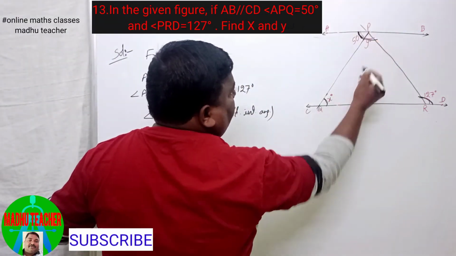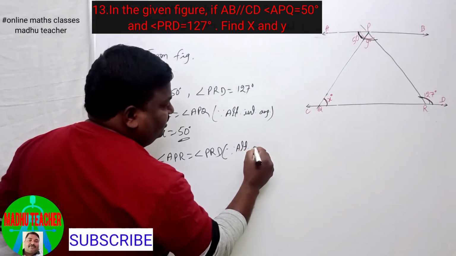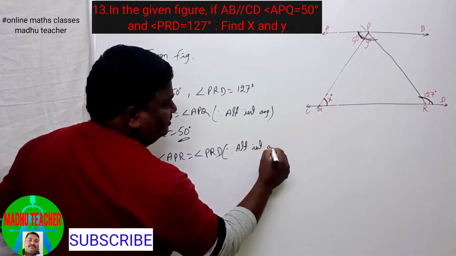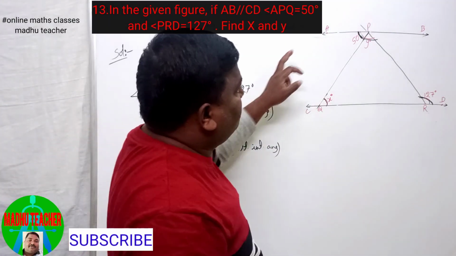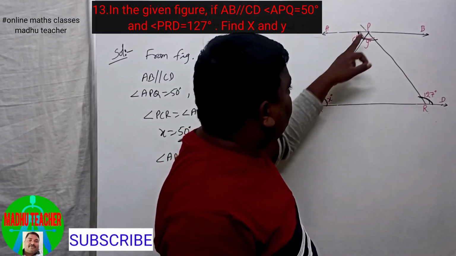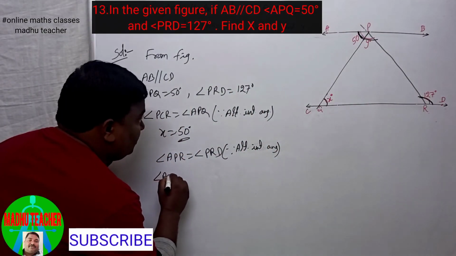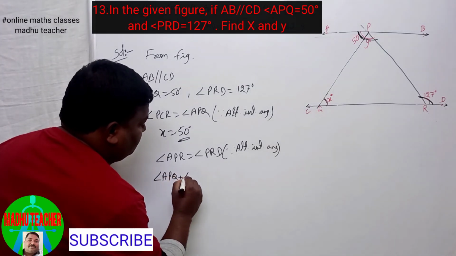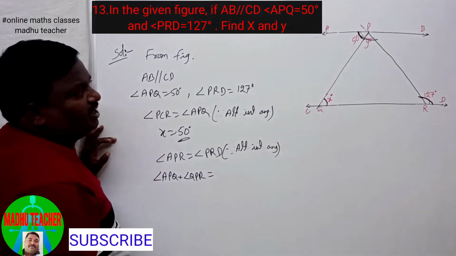Since they are alternate interior angles, angle APR we can write as APQ plus QPR. So angle APQ plus angle QPR equal to angle PRD.